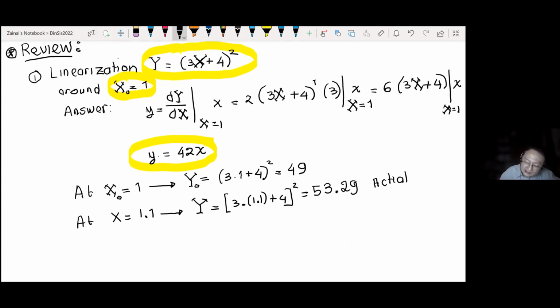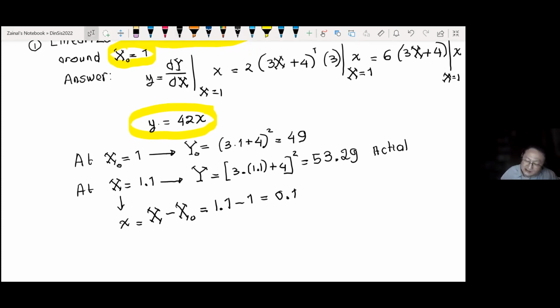At capital X, then what is small x? Small x is X minus x0. This one becomes 1.1 minus 1, which is 0.1.